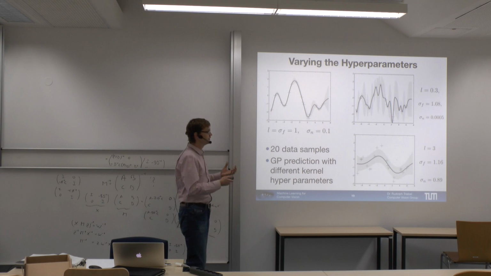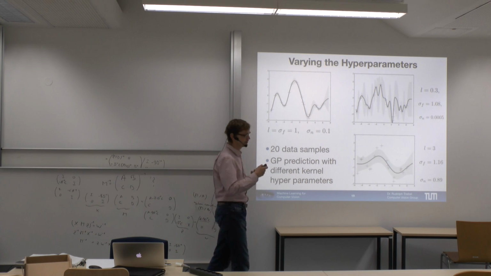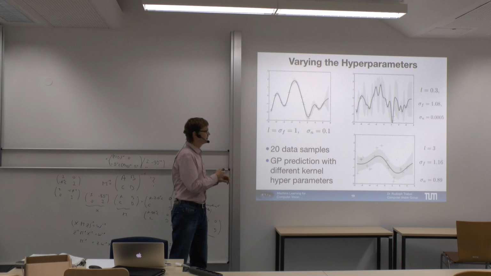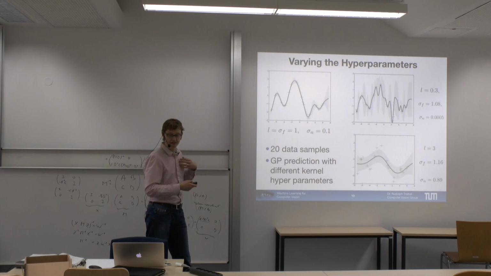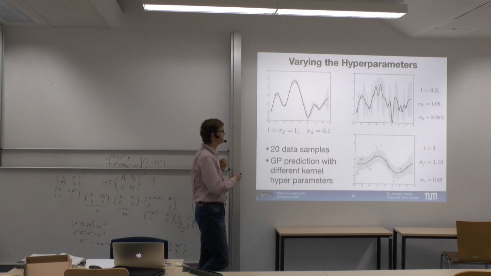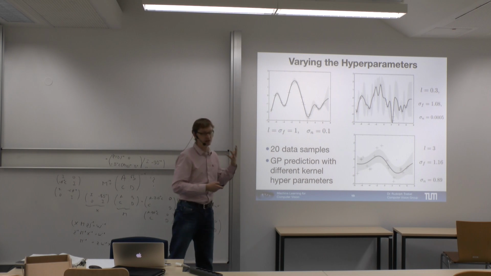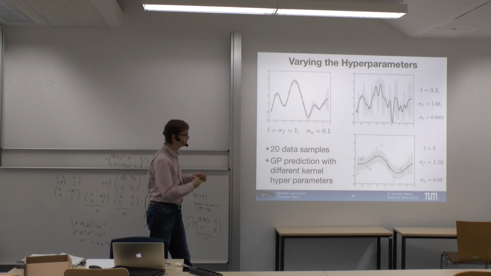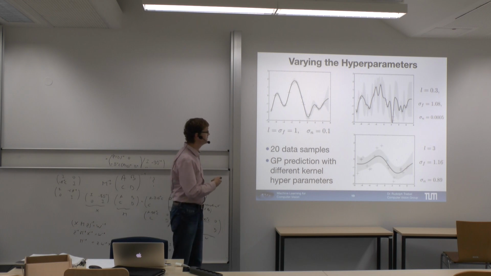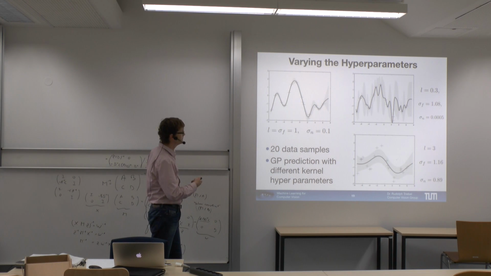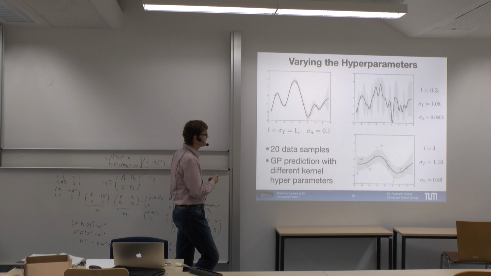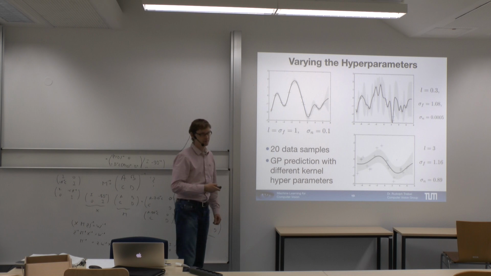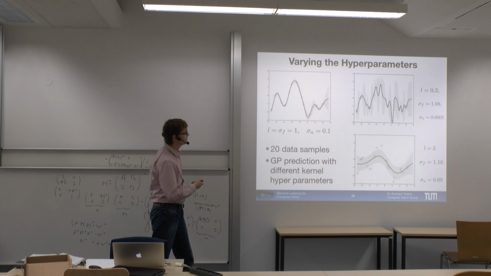What you do is you assume some kind of covariance matrix, and the covariance matrix is computed from the covariance function, and that function has these parameters. But we can learn these values from data. We will see later how this works. This just shows you what the influence of them is. So L, again, is the length scale, and sigma f and sigma n are the noise parameters. What this does here is it shows you examples with different L's, right?